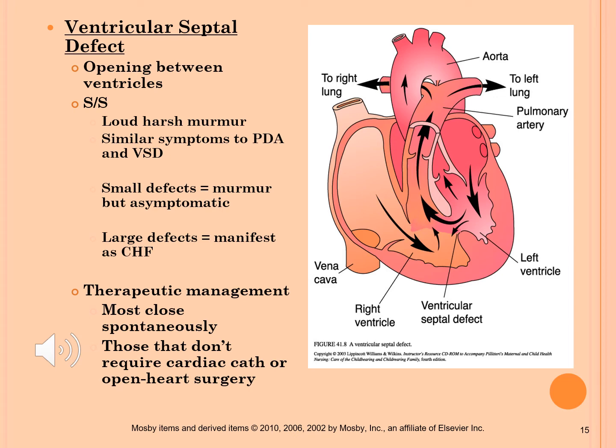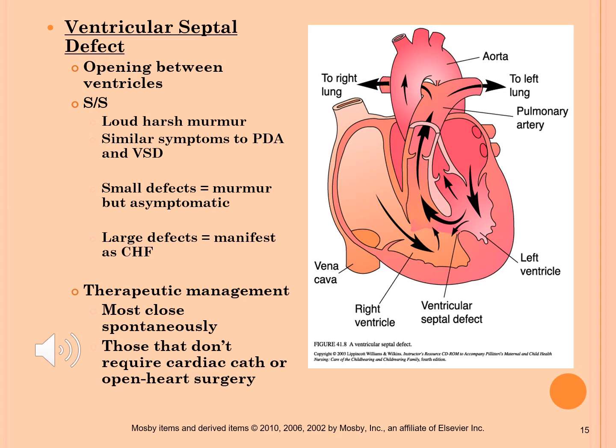So blood is going to come from the left ventricle to the right ventricle, and from the right ventricle it goes out to the pulmonary artery. It's the most common cardiac defect found in children. It's either its own defect in isolation, or it can be combined with other defects that we'll talk about later.